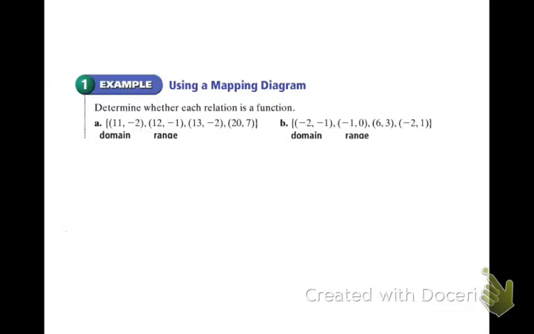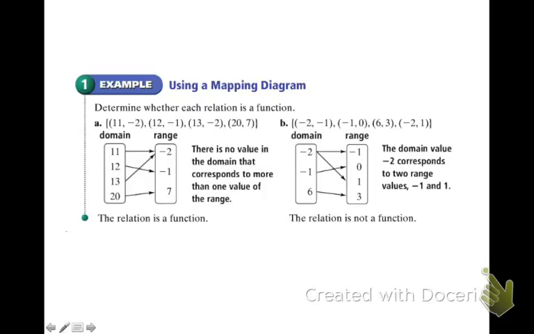Looking at B, you have -2, -1, 6, and the -2 again. Since you have a repeated domain and it's going to a different range value, that would make B not a function. So this would be a picture of what the mapping diagram would look like.